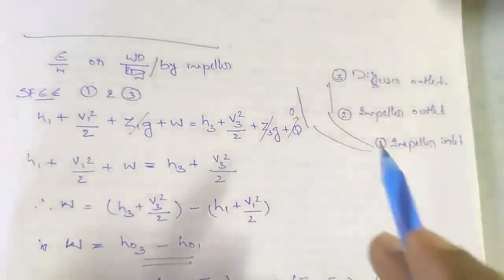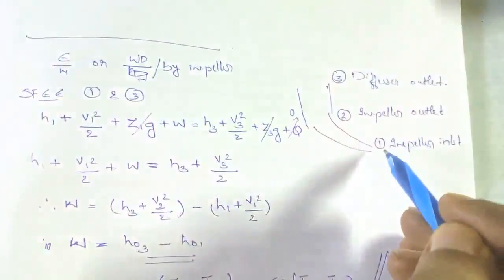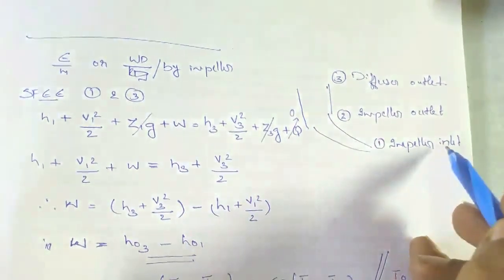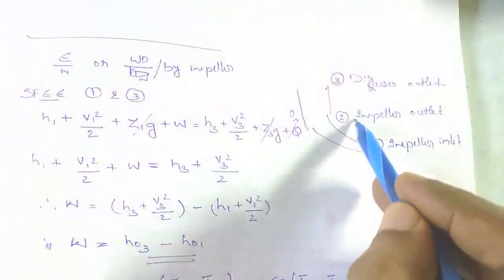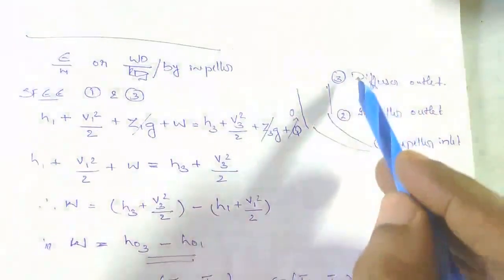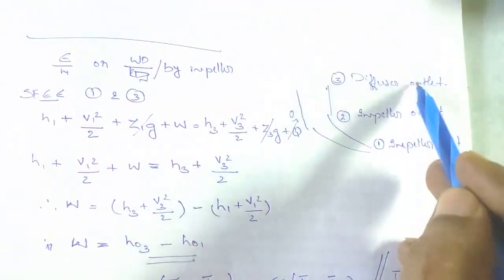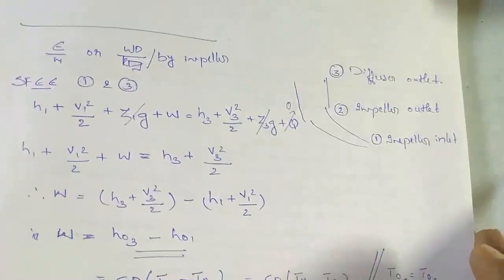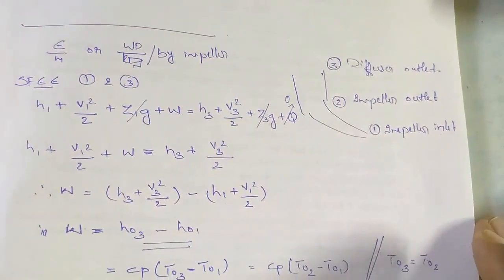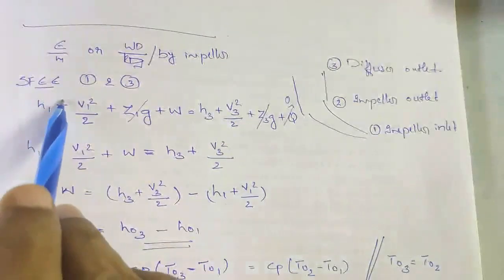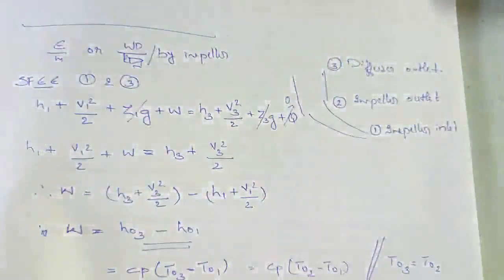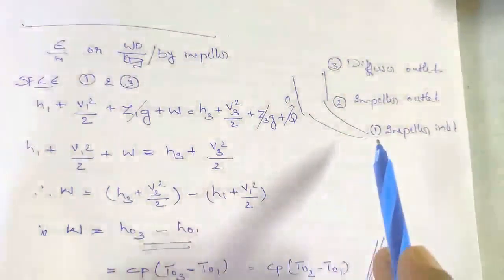For that, we will consider 3 sections. Section 1 is the impeller inlet, section 2 is the impeller outlet, and section 3 is the compressor outlet or the diffuser outlet.